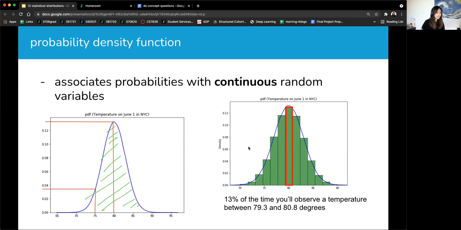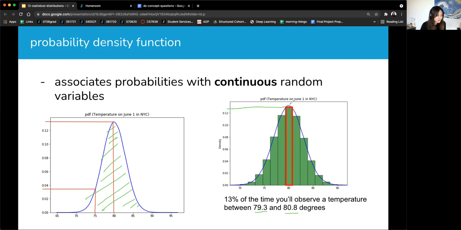Usually with a continuous random variable, you find the probability of a range of values. For example, let's just say that we're looking at the range from 79.3 to 80.8, which happens to be this middle bar over here. With this middle bar, you'll look and see where this estimates to. This estimates to about, let's just say, 0.13.